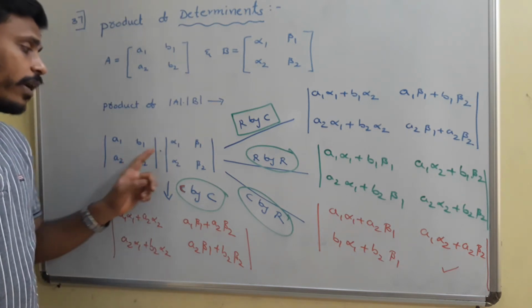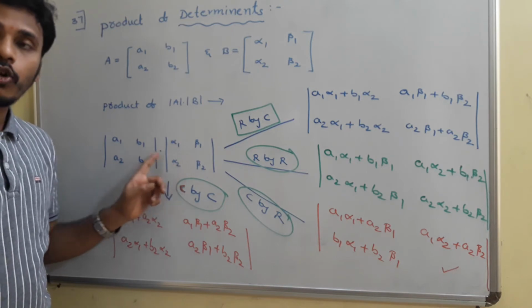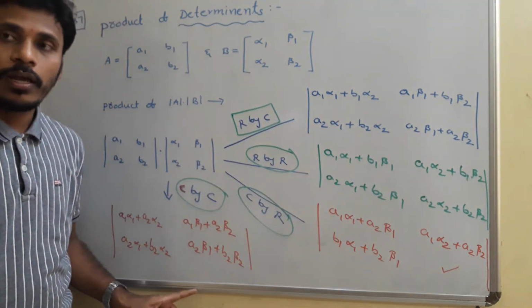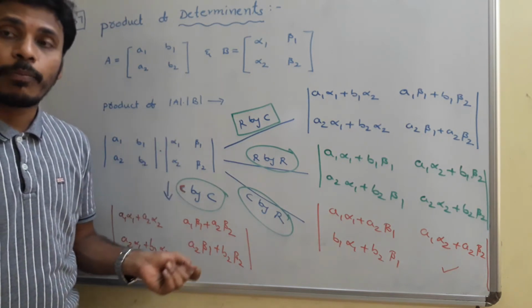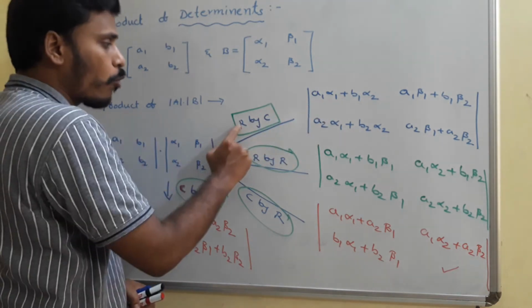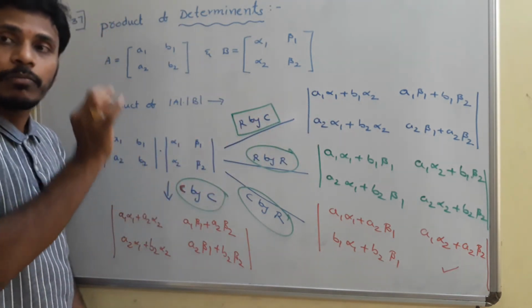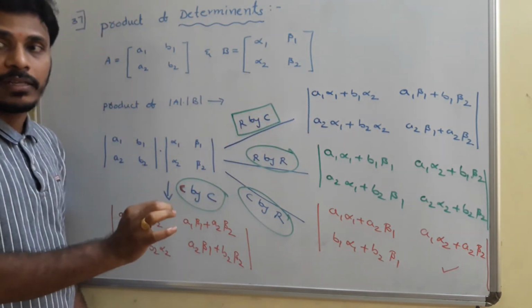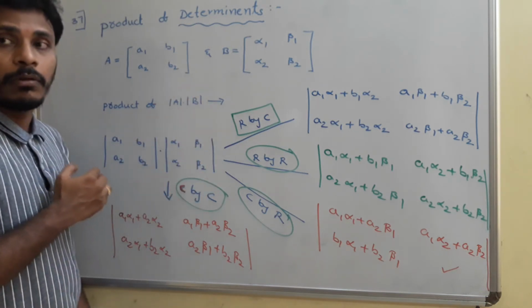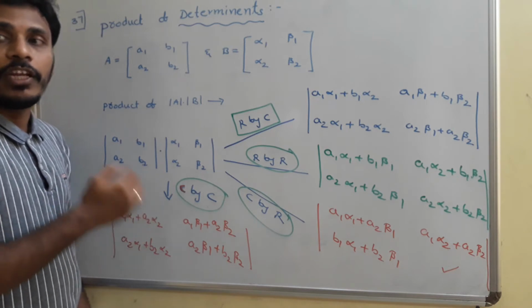So while writing the product of two determinants, you can choose any one of these four. But while calculating the product of two matrices, you need to choose only the first option, row by column. That is the only one acceptable for the product of matrices, but for the product of determinants, all four are acceptable. According to the problem, we need to choose.